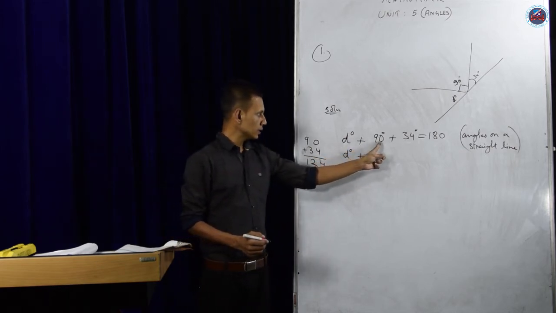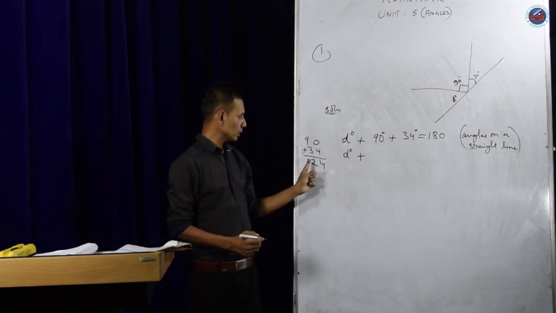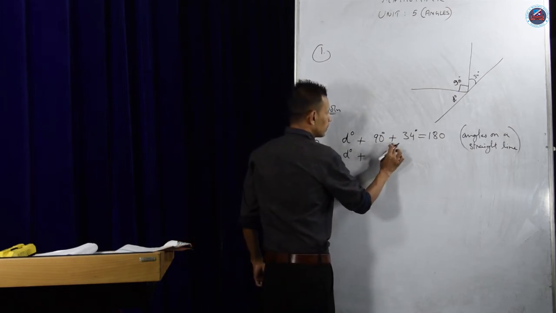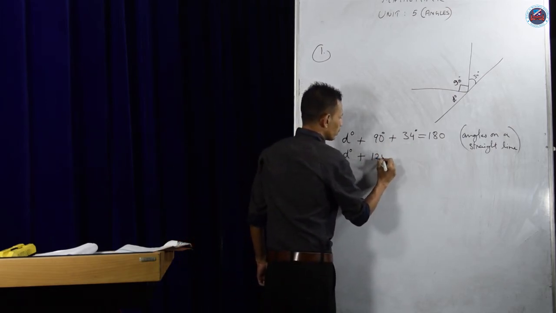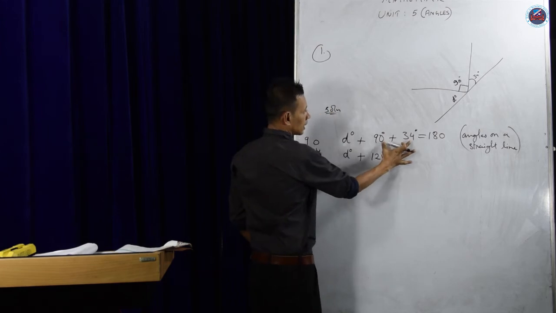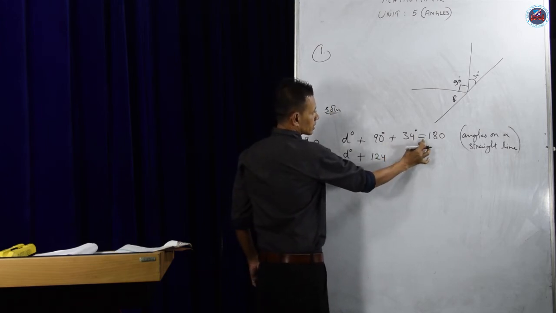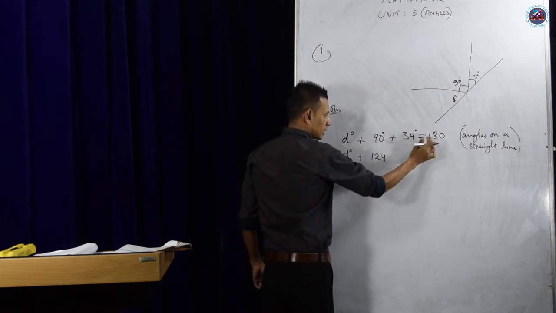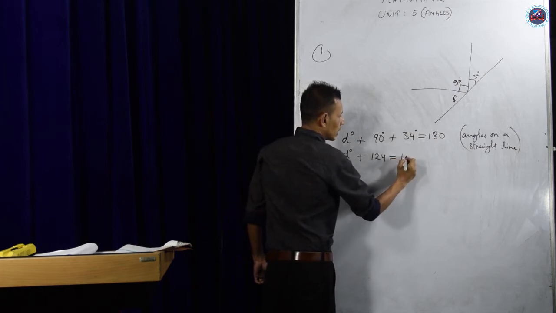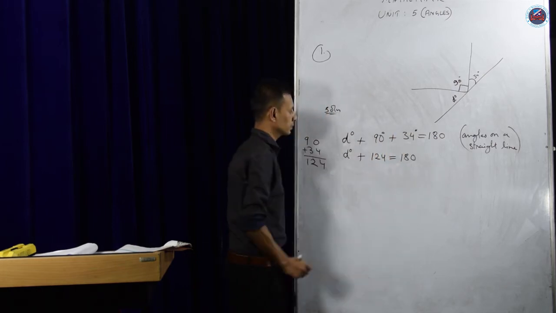If you add up this and this, you will get 124. 90 plus 34 is 124. Now till here I have done. Next, what is there? Is equal to 180.